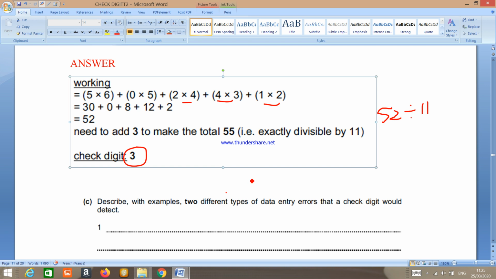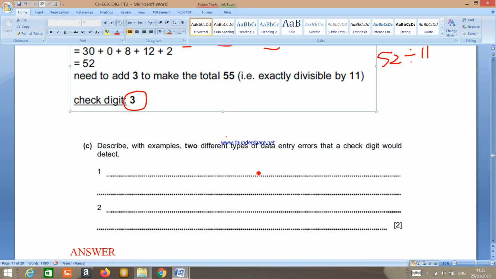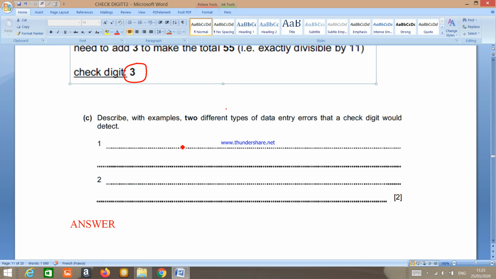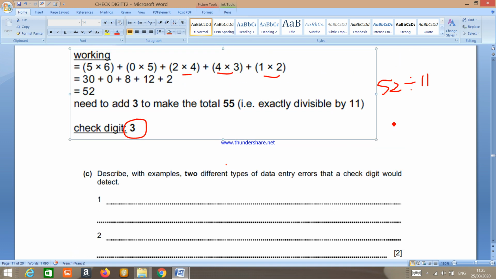Now 52 divided by 11, then 11 minus the remainder.